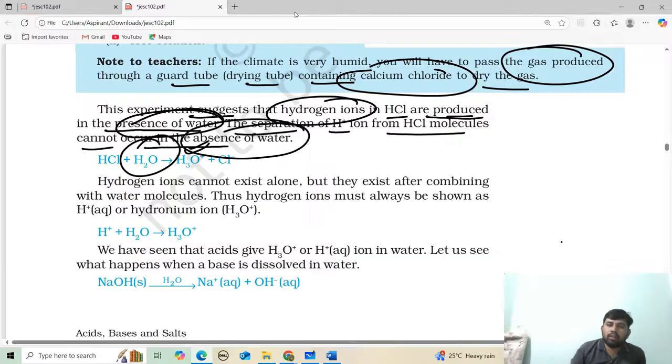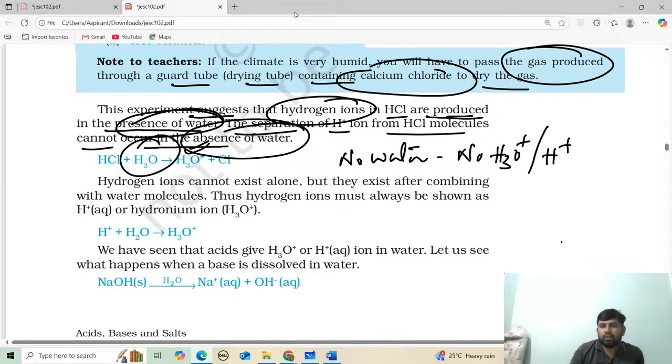If there is no water, there is no H3O plus ion, no H plus ion, and so no acidic property. It means the acid will not show its acidic property as far as this activity is concerned.